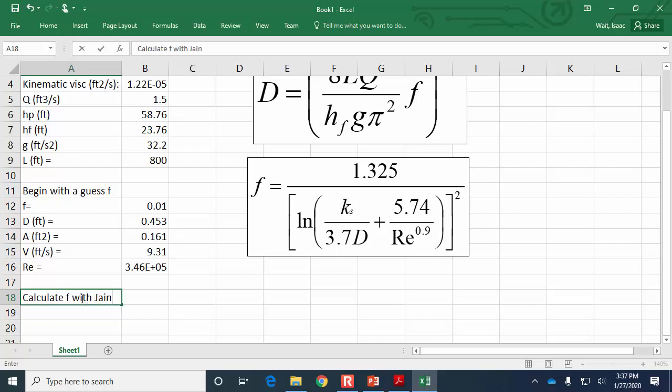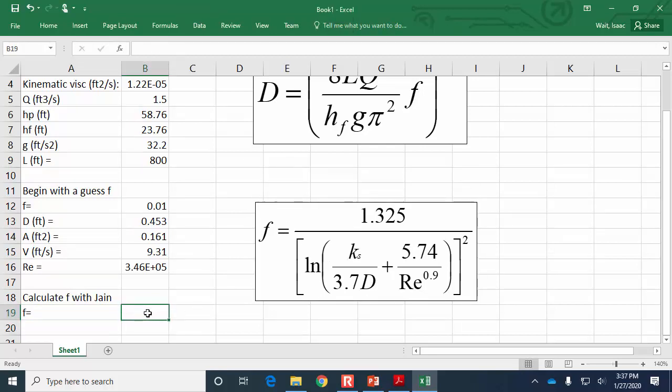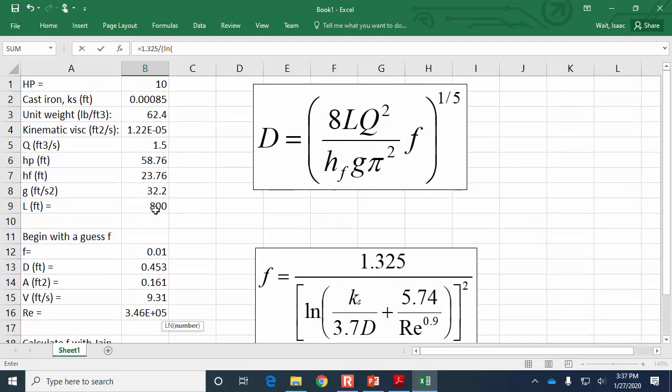with Jane. Okay, so F equals, now I'm not just going to pull a number out of thin air, I'm going to use this. So F equals 1.325 divided by the logarithm of K sub S, where's that?